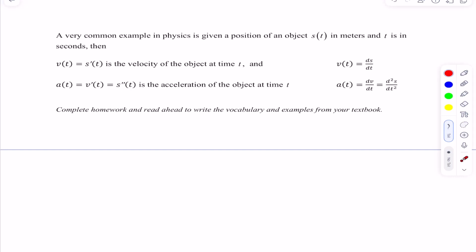So if it helps, I could go ahead and write that. This is the second derivative of the position function with respect to time. That is a much better way to read this symbol right here.